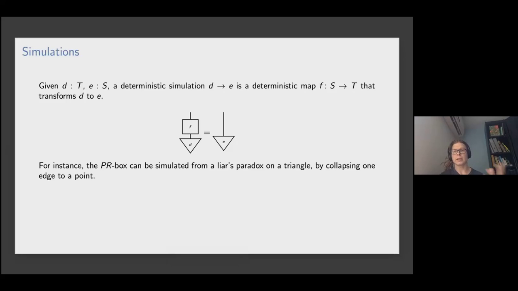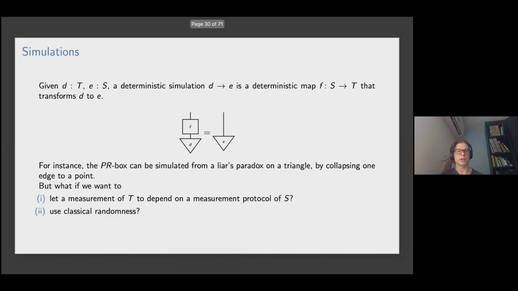Now, this is the simplest setup, but we actually need to build some more complexity into the notion to get a more realistic and useful resource theory, to capture the kinds of simulations people already use in the physics literature. So first of all, you might want to allow a measurement in T to depend on something more complicated than just a single measurement in S. You might say, oh, but I want to measure these 5 things at once and then get the outcome.